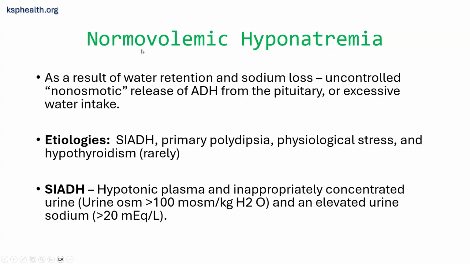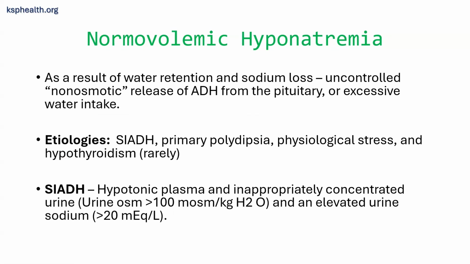The second group is called normovolemic hyponatremia. This is the most common cause of hyponatremia, especially in hospitalized patients. Why does that happen? Uncontrolled non-osmotic release of ADH from the pituitary. What are non-osmotic stimuli?